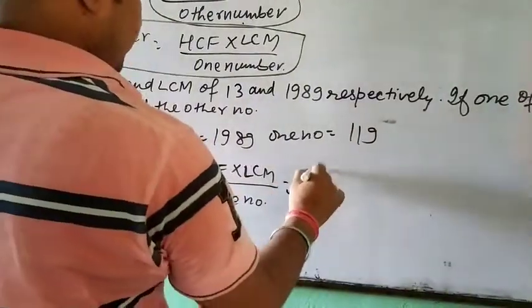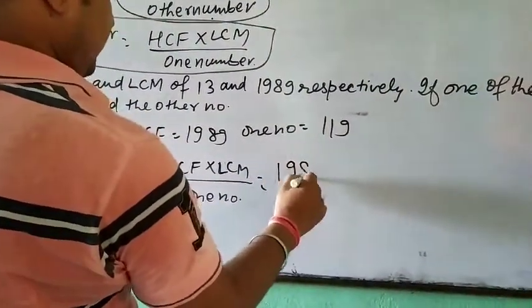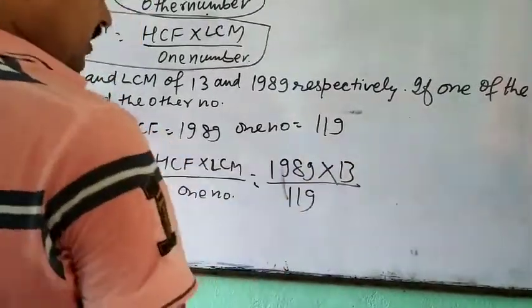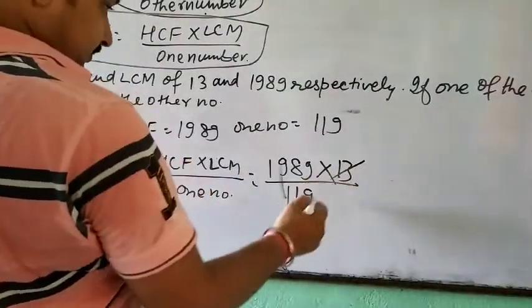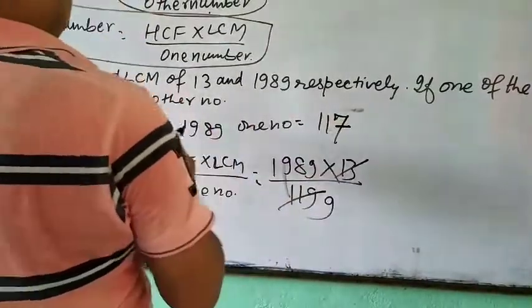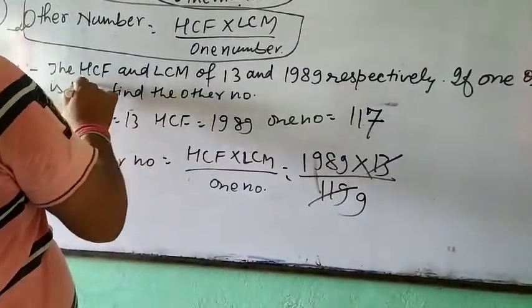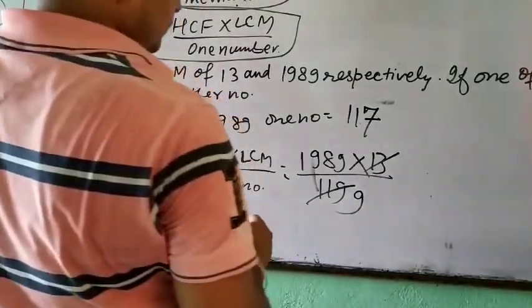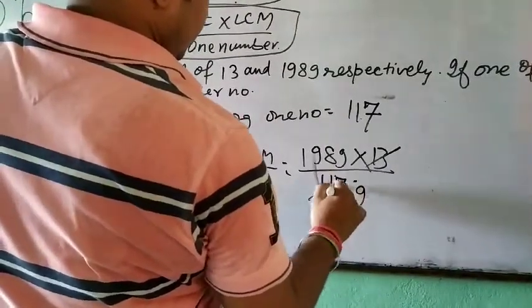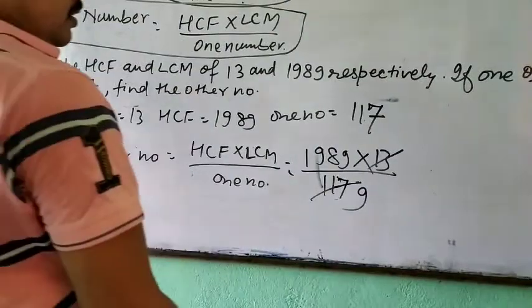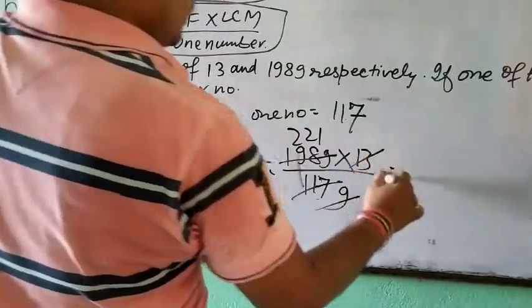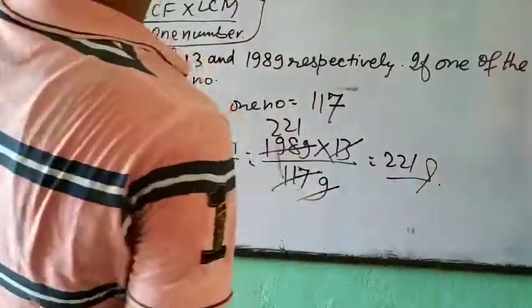What is the HCF? 13 into LCM 1989, divided by one number 117. Sorry, it's not 119, it's 117. So 13, 9 times, 9 table, 221. You got your answer.